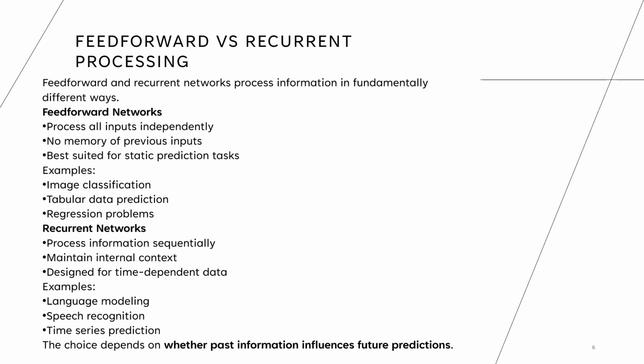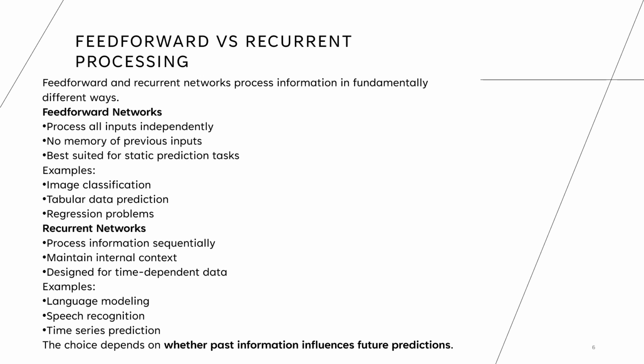To better understand the role of recurrent neural networks, it helps to compare them with feed-forward neural networks, which we studied earlier. Feed-forward networks process information in a single forward pass. The input enters the network, moves through a series of layers, and produces an output.